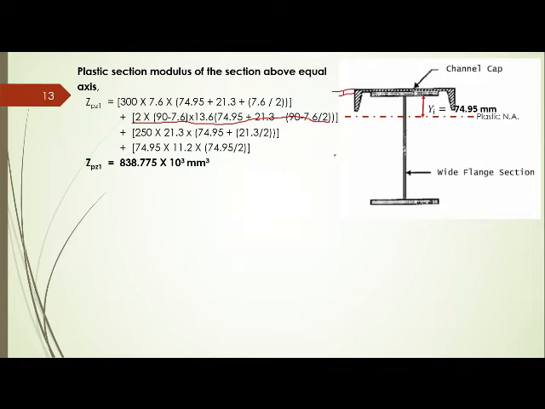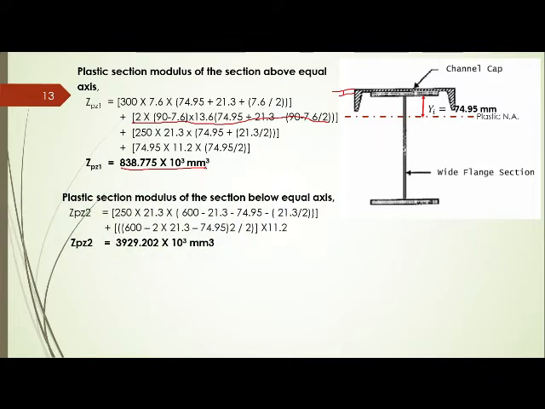So it is easy. Now this one, the ISMB web portion, this is 74.95, and 11.2 is the thickness, and the distance will be 74.95 divided by 2. So we have calculated this value, 838.775 into 10 to the power 3 millimeter cube.